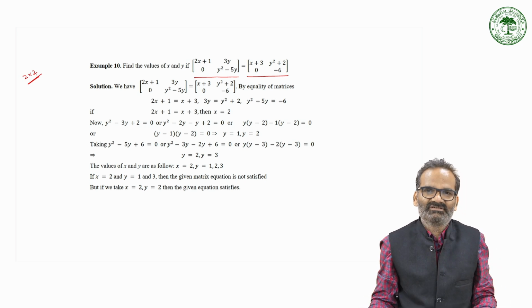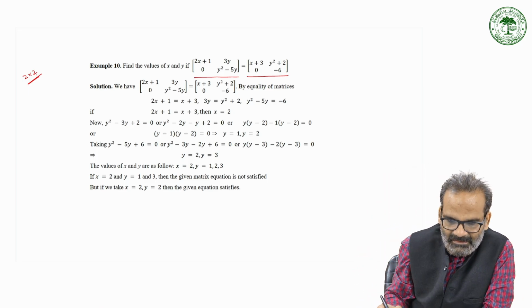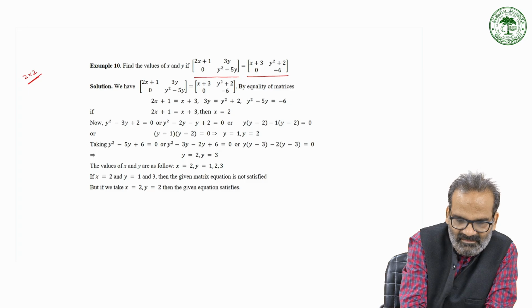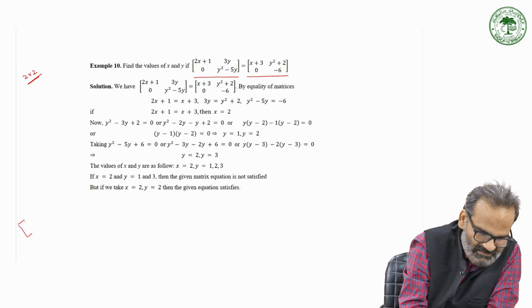Now let us come to the solution of this question. See what we have given. We have actually given here the matrix. See, this matrix is equals to, this is a matrix 2x plus 1, and this is 0, this is 3y, and this is y square minus 5y.